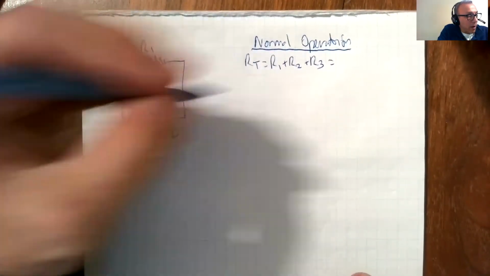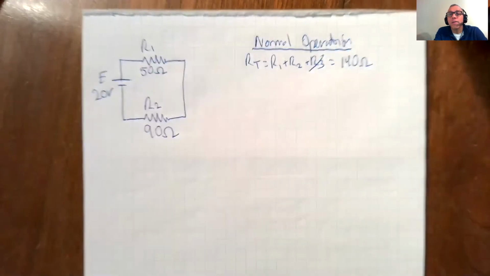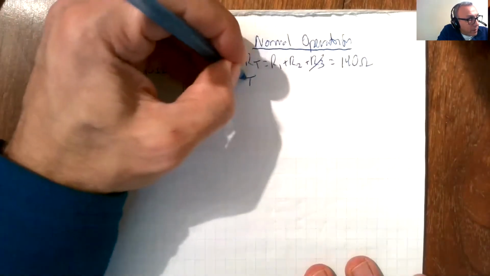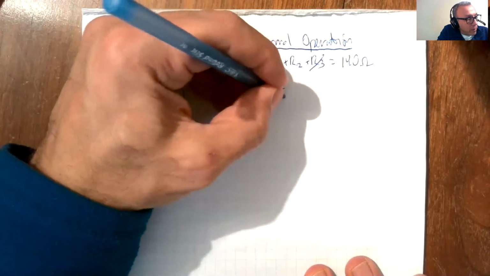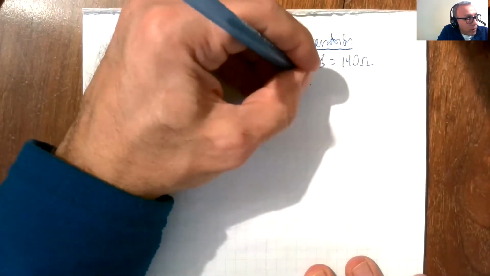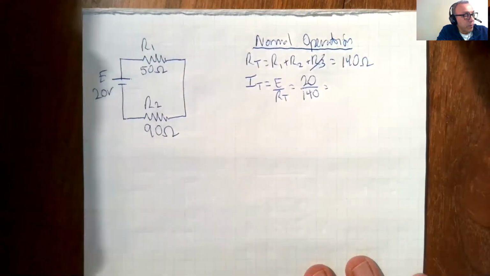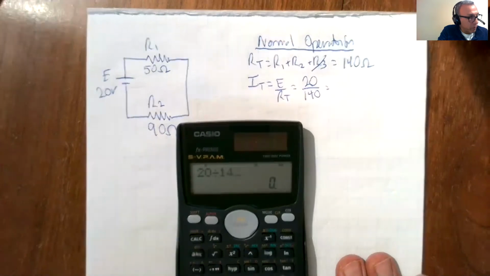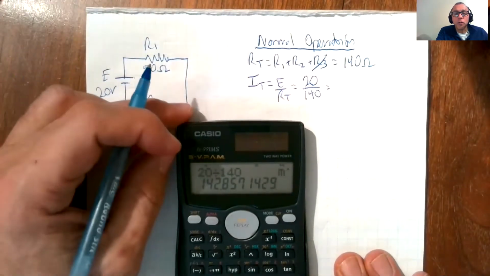It is 140 ohms. I'm in such a habit of doing R3. IT is E over RT, which is 20 over 140, which equals 142.857 milliamps.